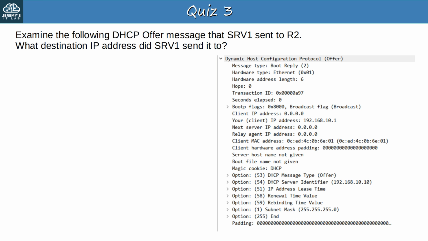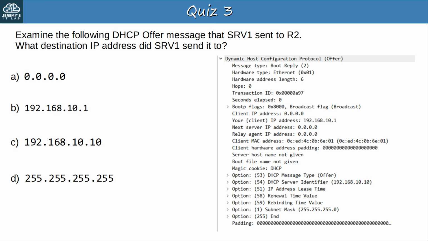Examine the following DHCP Offer message that Server 1 sent to R2. What destination IP address did Server 1 send it to? Here are the options. Pause the video to select the correct answer. The answer is D, 255.255.255.255. How can we know this from the output, even though I didn't show the IP header?